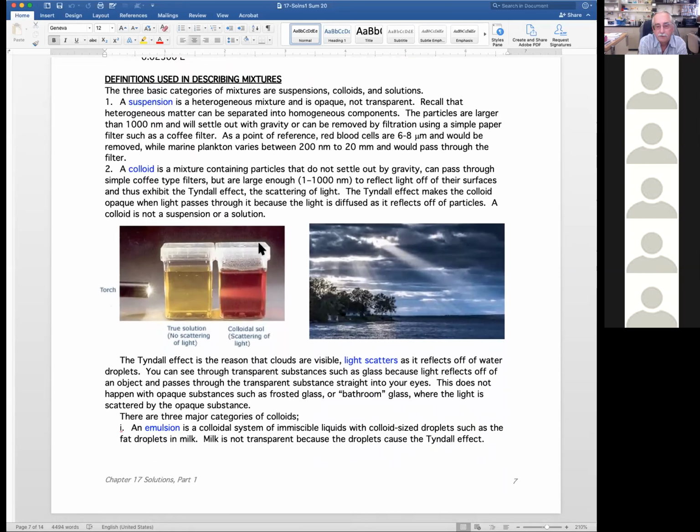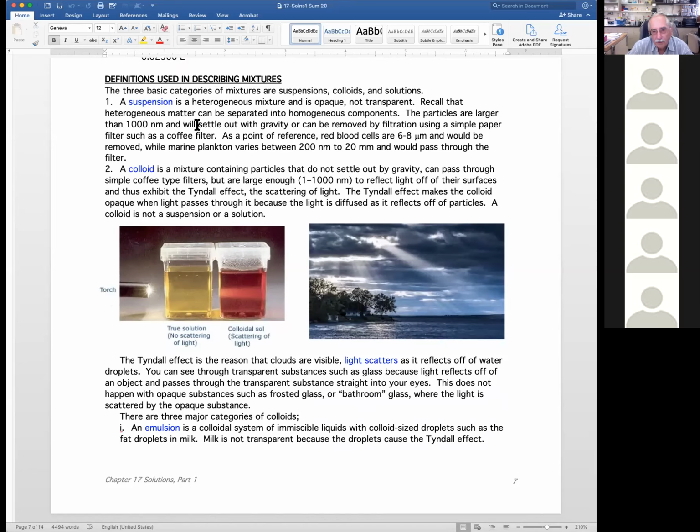So the rest of the chapter doesn't have math in it. It's more or less understanding things. We have 3 basic categories of mixtures. We have a suspension, which is heterogeneous. The particles in a suspension are so large that they can be removed by a simple filter or by a centrifuge.